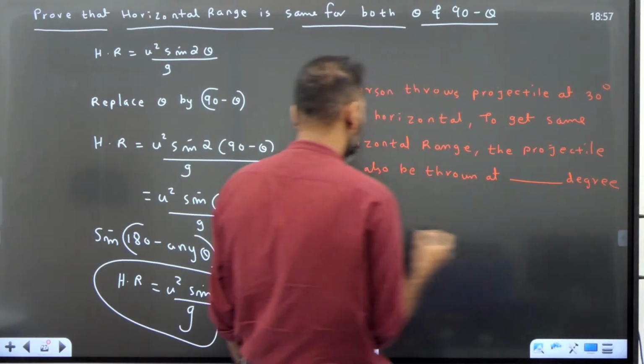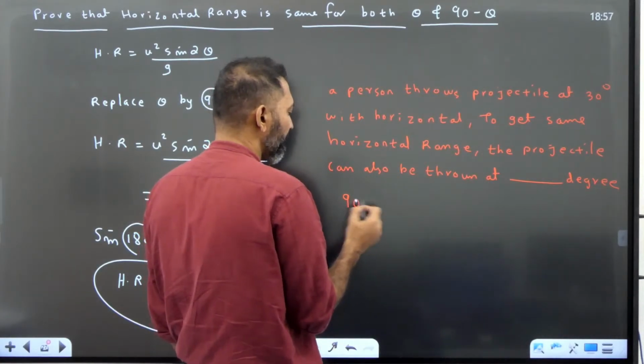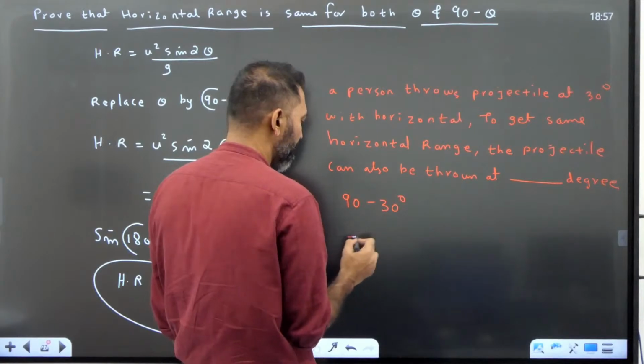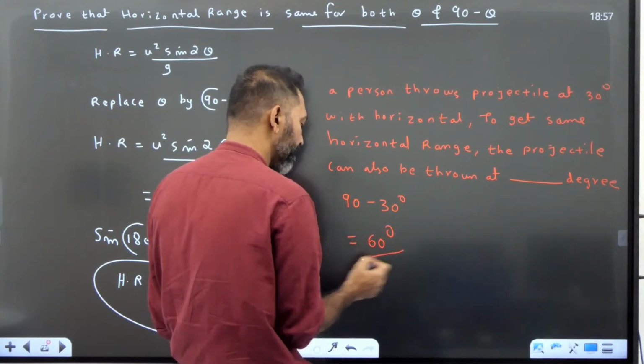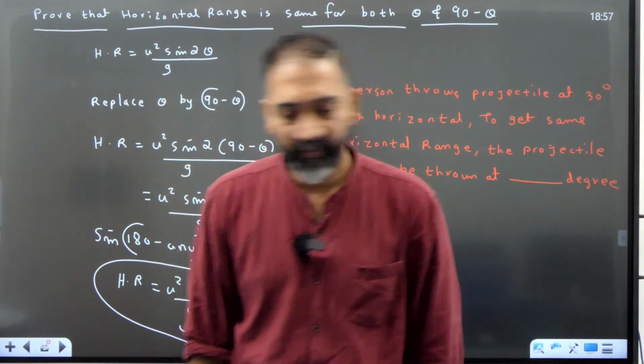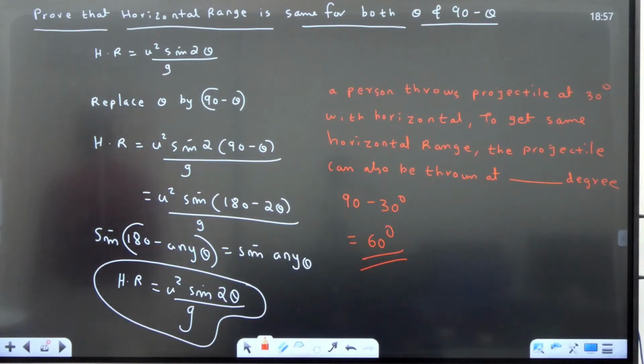What is the answer? 90 minus 30, that is equal to what? Answer is what? 60 degree. So even after throwing the projectile at 90 minus 30, 60 degree, he will get what? Same horizontal range. Any doubt? That is, horizontal range is same for both theta and 90 minus theta.